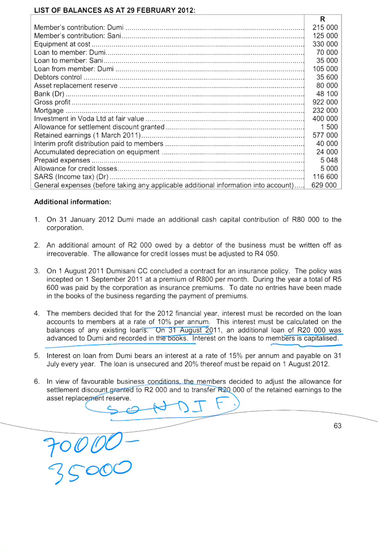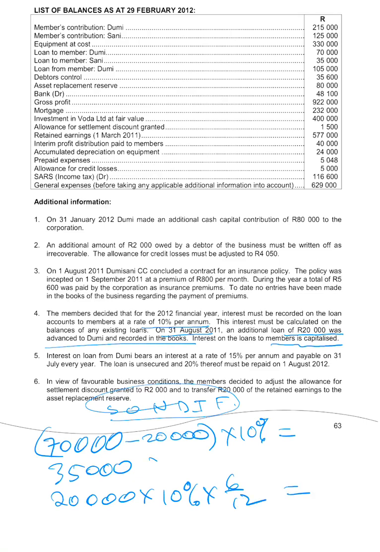So 70,000 was there for a full year. So we subtract: 70 minus 20, multiplied by 10%. Then the 20,000 was only there for a short period, which is 10% times 6 over 12. The 35,000 was there for a full year. There was no information about that.